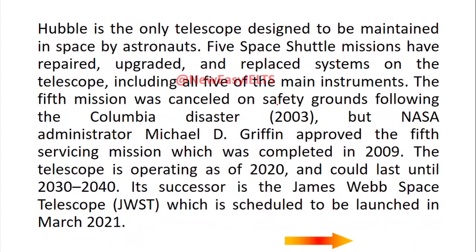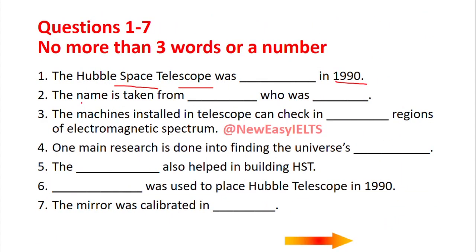Now head over to the second question. The name is taken from dash, who has dash. So we have to find two words, or in total three words. The name is taken from dash. It can be any place, any person, any object, but after the first blank it is written who.